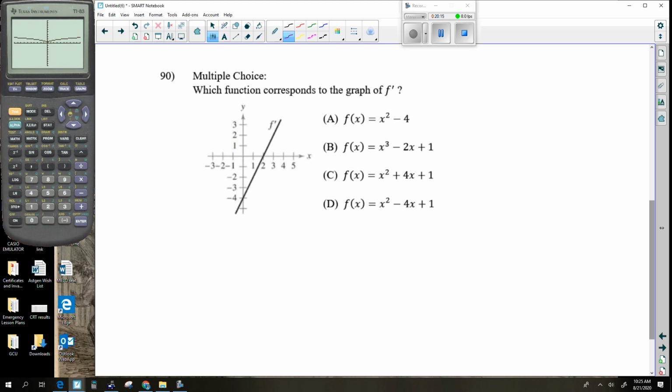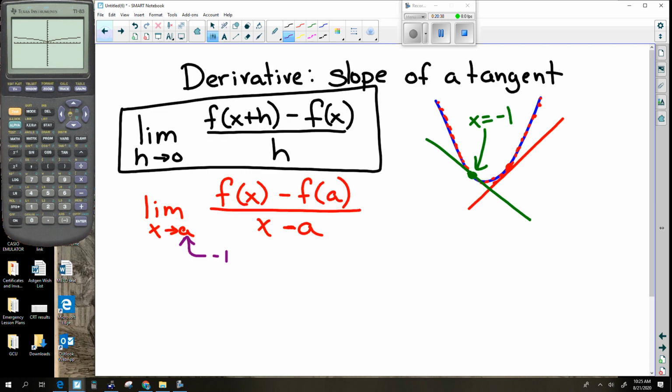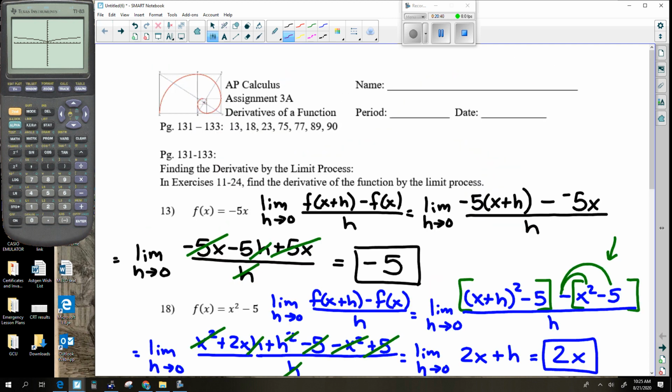Which corresponds to the graph of f prime. This little apostrophe is called a prime, and it's a derivative, like the things we were doing at the very beginning. So if f of x is equal to -5x, f prime of x is equal to -5.